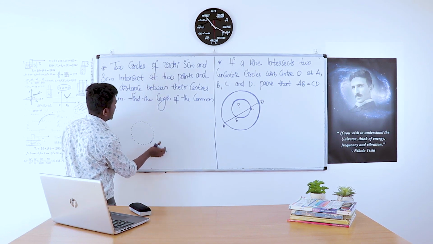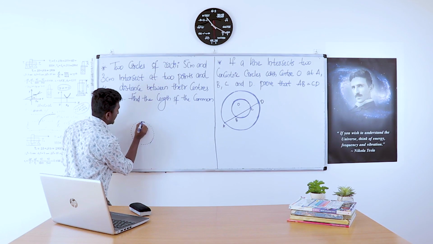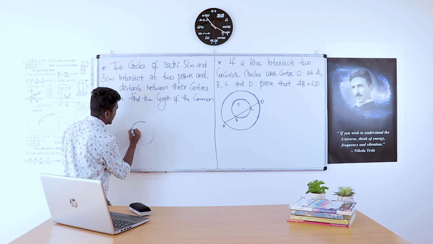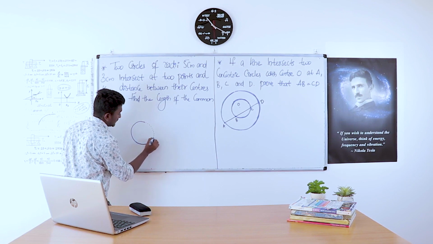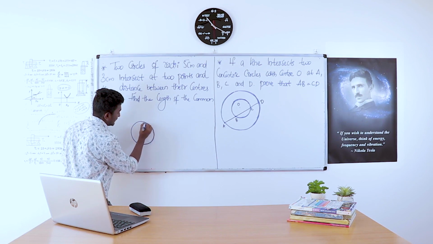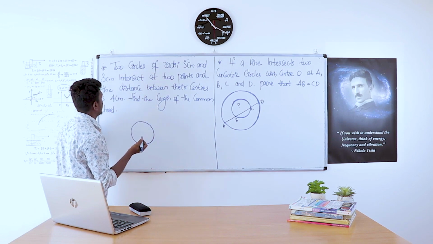This is our smallest circle. This is a circle of radius 3 centimeter. Fine.